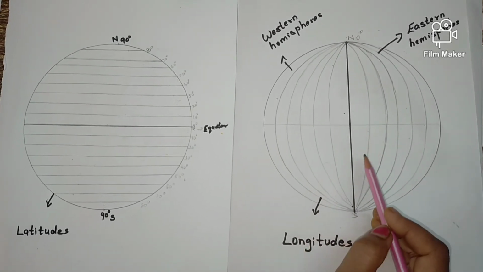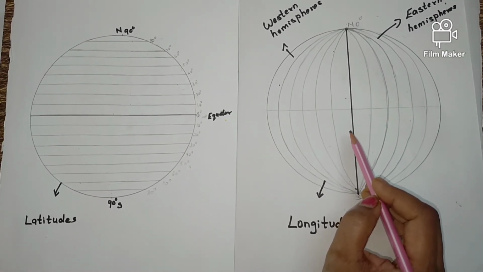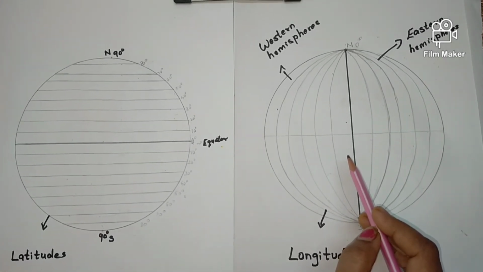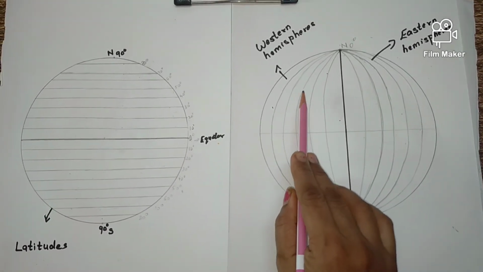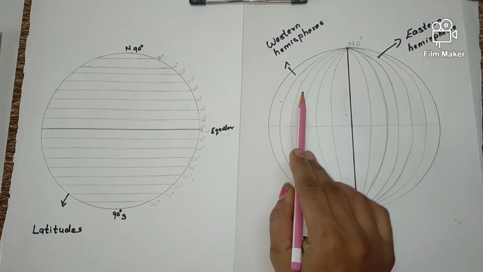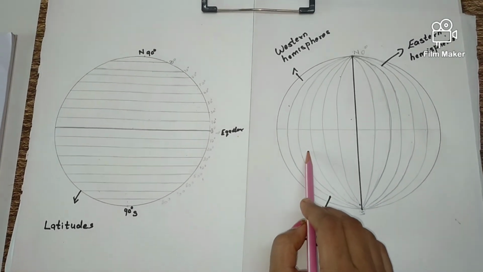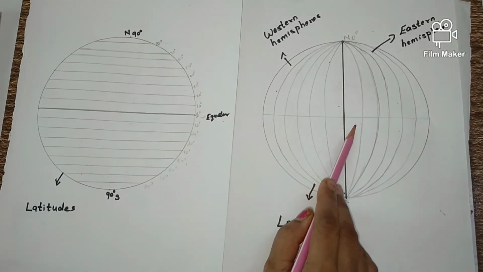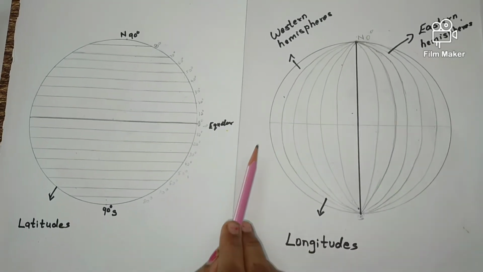So to locate an exact place within this distance of 111 kilometers, we need to divide the unit degree into smaller units. Degrees are divided into minutes and minutes into seconds. So latitude and longitude are expressed in degrees, minutes and seconds.